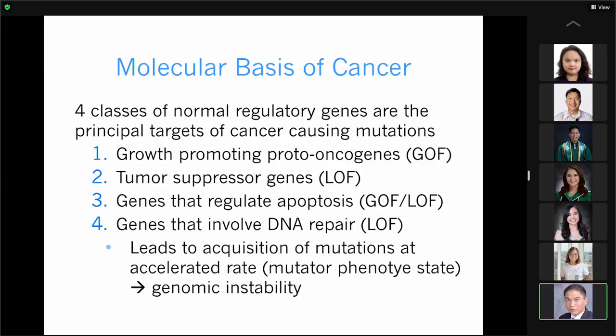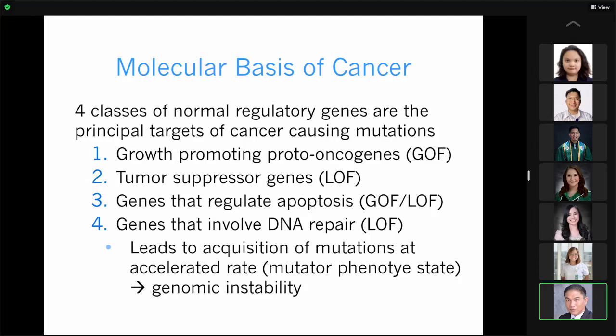Loss of function of the gene, no tumor suppressor protein, no protein that will apply brake in the cell cycle, hence proliferation. Next are genes that regulate apoptosis. So depending on the role of the gene, the protein encoded by the gene, pwedeng gain of function or loss of function mutation.